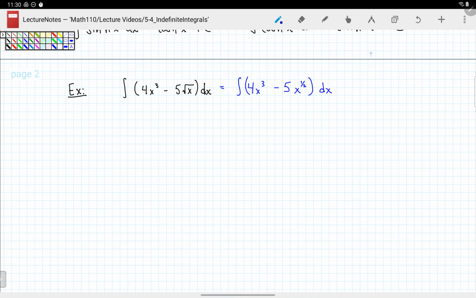And so remember that when we take derivatives of a power function, we first take that power and multiply it out front, and then we drop the power. So first multiply by the power as a coefficient, then reduce the power by 1. Reversing that process is going to be first increase the power by 1 and then divide by that new power.